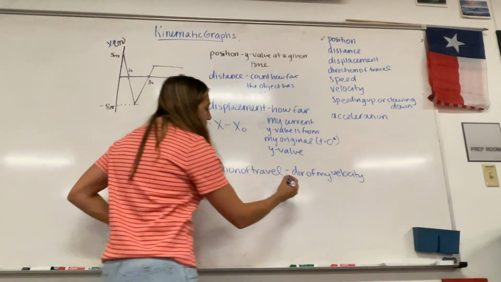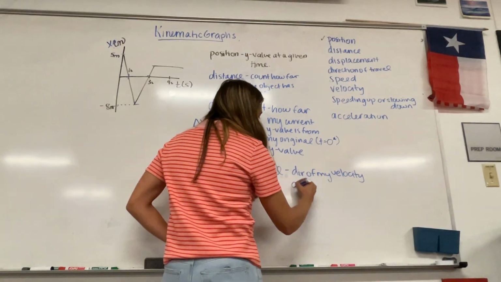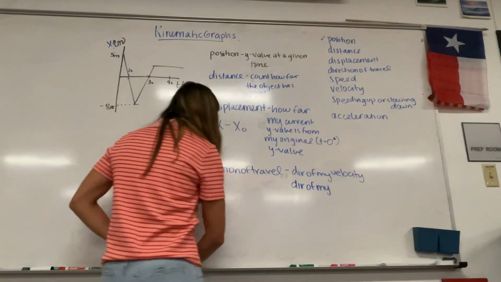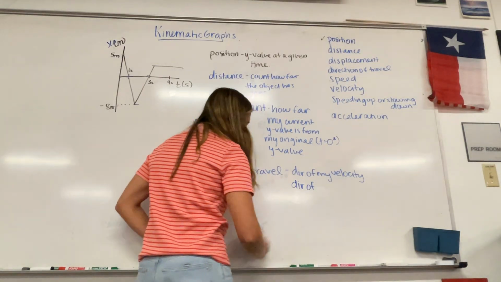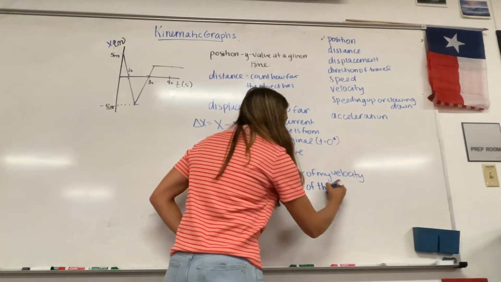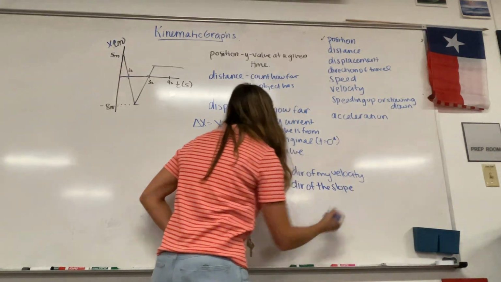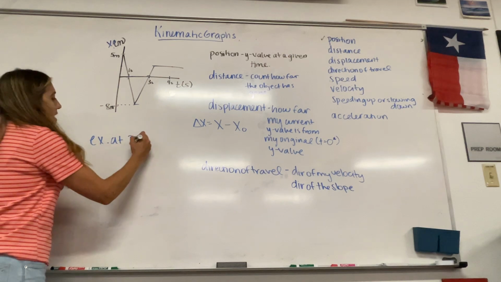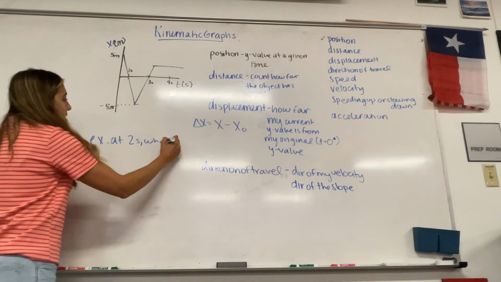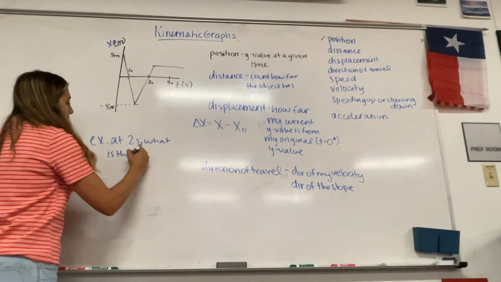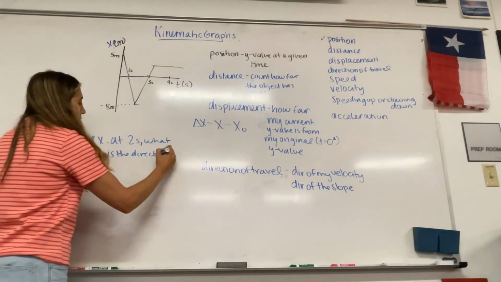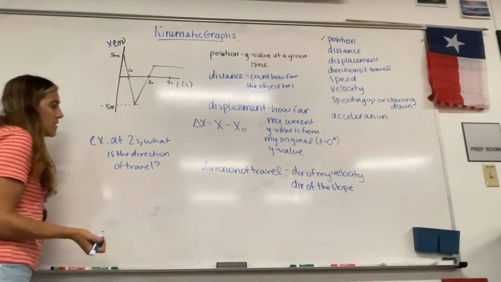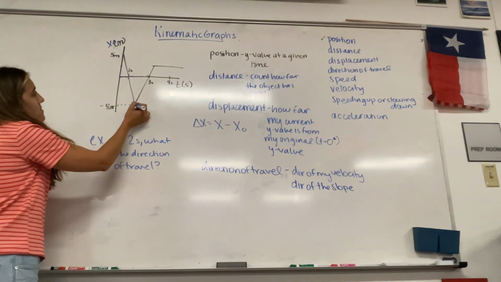So I'm going to be looking for the direction of the slope. I don't want to be possessive here. So if we do an example, at 2 seconds, what is the direction of travel? Well, at 2 seconds, oh, I picked a bad time.